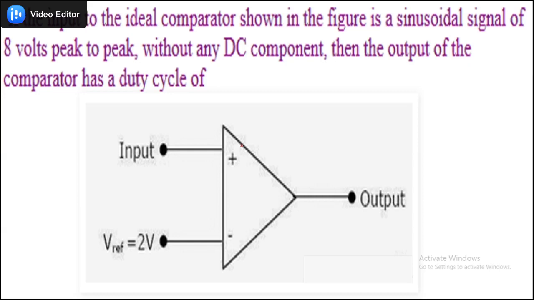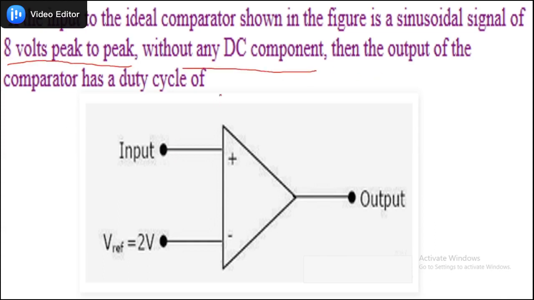So this is one example, and the solution video is attached in this particular video only, so please go through it. This question simply says you have to find out the duty cycle for this particular comparator circuit, where input is a sinusoidal wave having 8 volts peak to peak, and without any DC component.